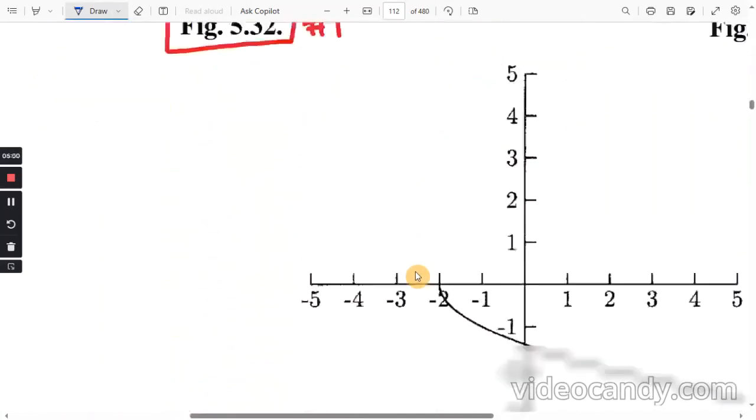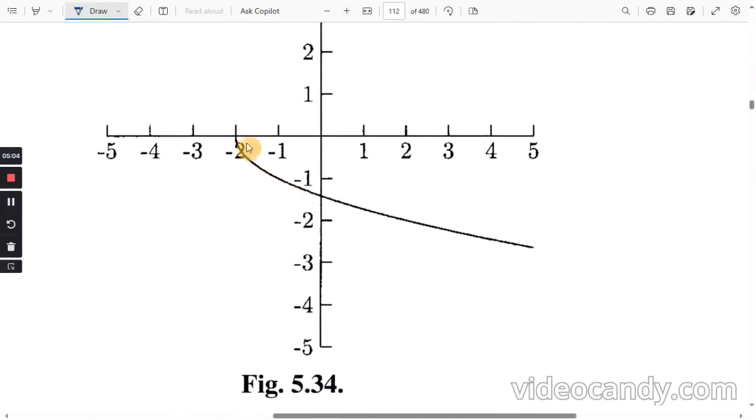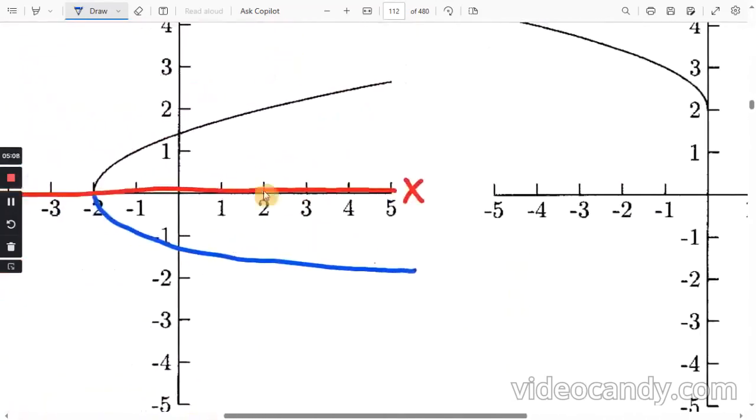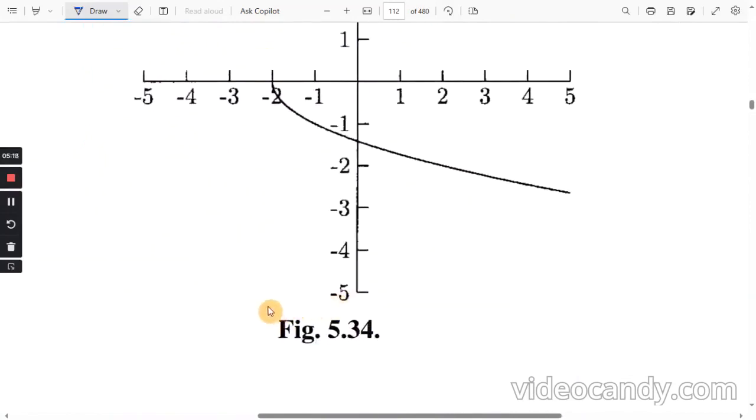And if you look at this figure right here, 5.34, that's exactly what we have. All right, so we started with the original, we went left 2, and then we reflected over the x-axis. So this right here matches number 2, 5.34.